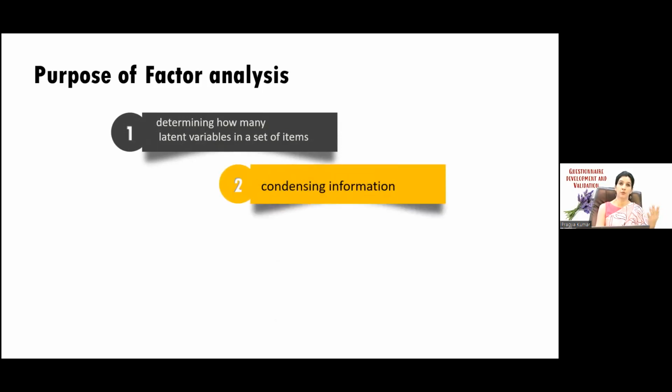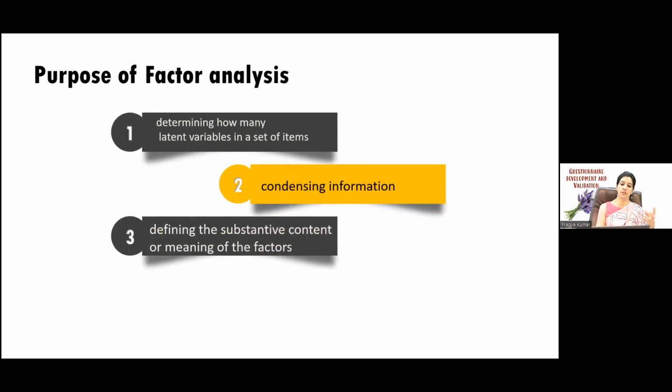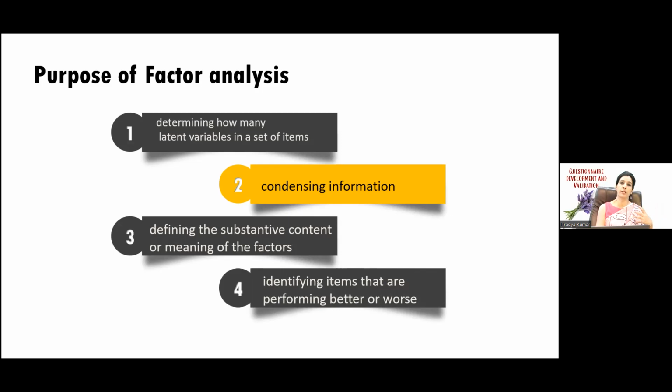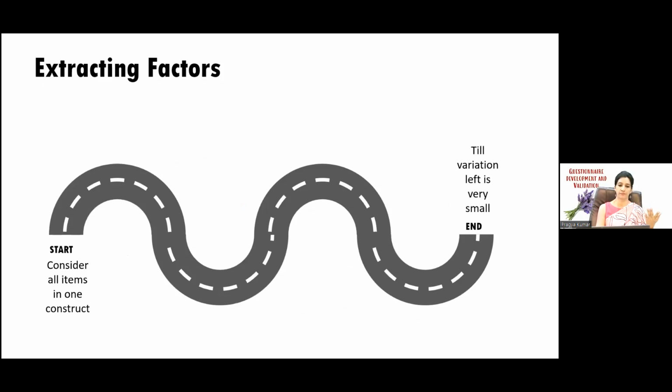So the purpose of factor analysis is to decide how many latent variables are there in a set of items. You condense the information and you define the meaning of those factors, because for those factors which are clubbed together, you define the meaning or how you are going to name that particular construct. And then again, as we said before, you identify the items that are performing better or worse. So now how does this work?